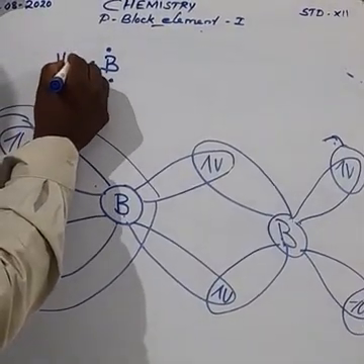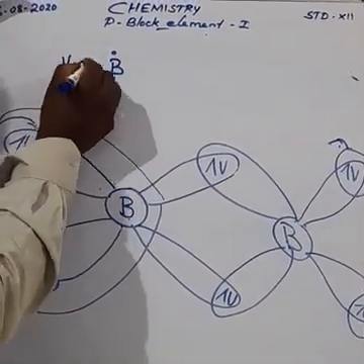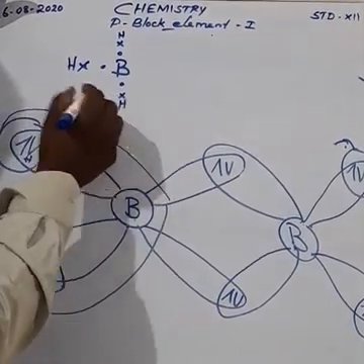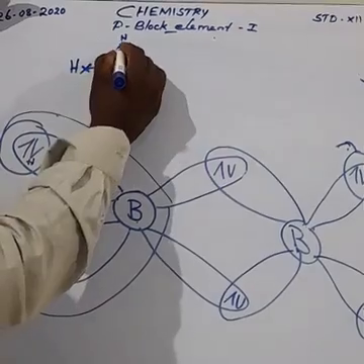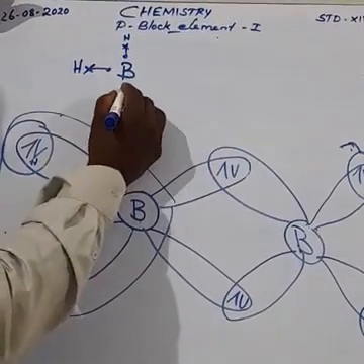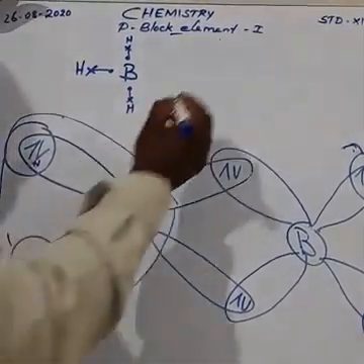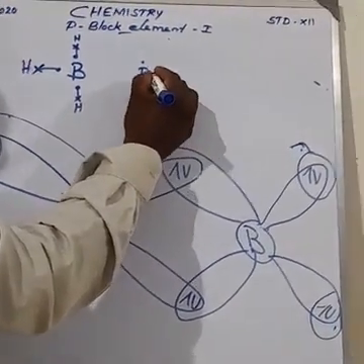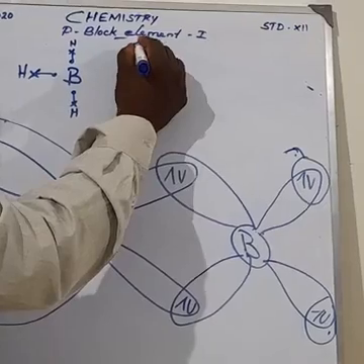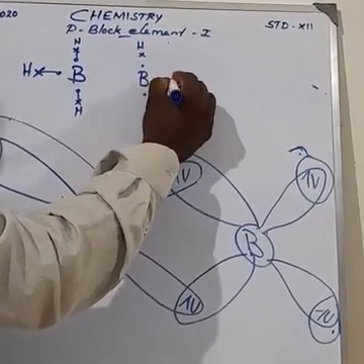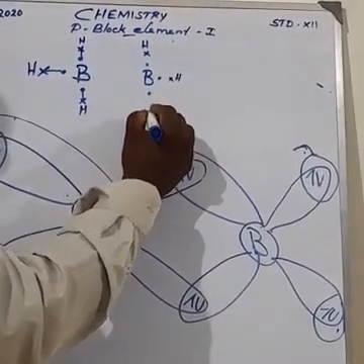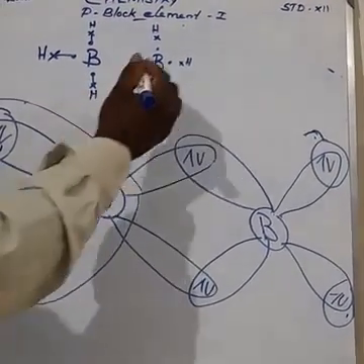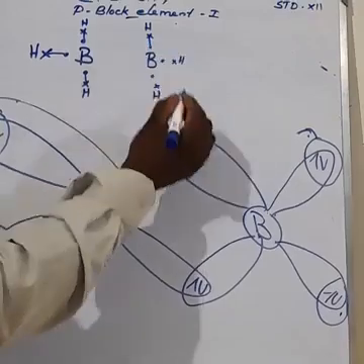Each side hydrogen is paired, with a bond between hydrogen and boron. Another boron has 3 electrons in the outermost shell, hydrogen having 1, and there's a bond between hydrogen and boron.